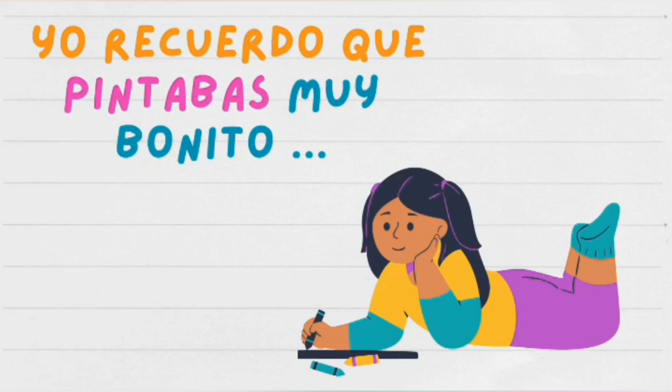Yo recuerdo que you painted, this is a verb in the imperfect past. Pintabas, abas means that you're talking about the personal pronoun you. Yo recuerdo que pintabas. I remember that you painted very pretty, muy bonito. This will be our phrase in the imperfect past.